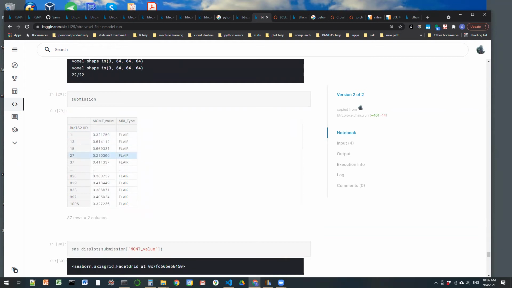Some are 0.3, some are 0.2, 0.6, 0.4, 0.38. So you see variations. And this is for the FLAIR type. I was individually trying each type to see that they work.